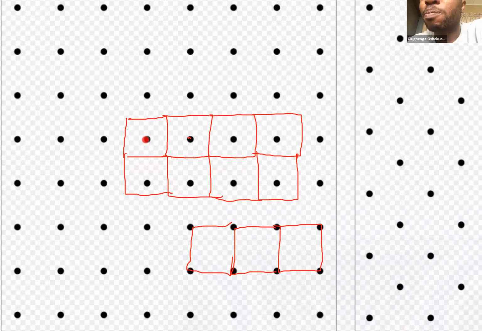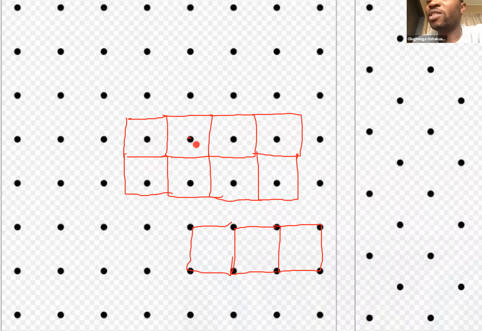So this particular point, everything within this region is closer to this point than any other point. And that is a simple definition of a Wigner-Seitz cell. A Wigner-Seitz cell is a primitive cell, a unit cell, and it contains one lattice point.